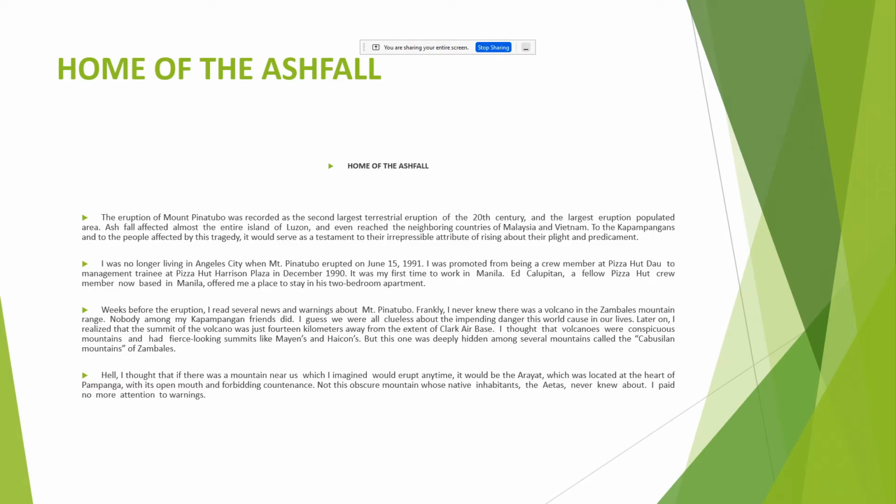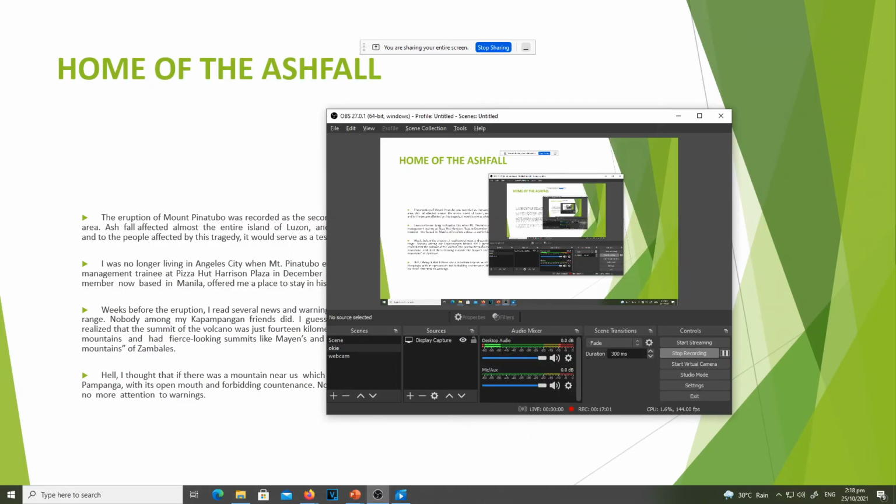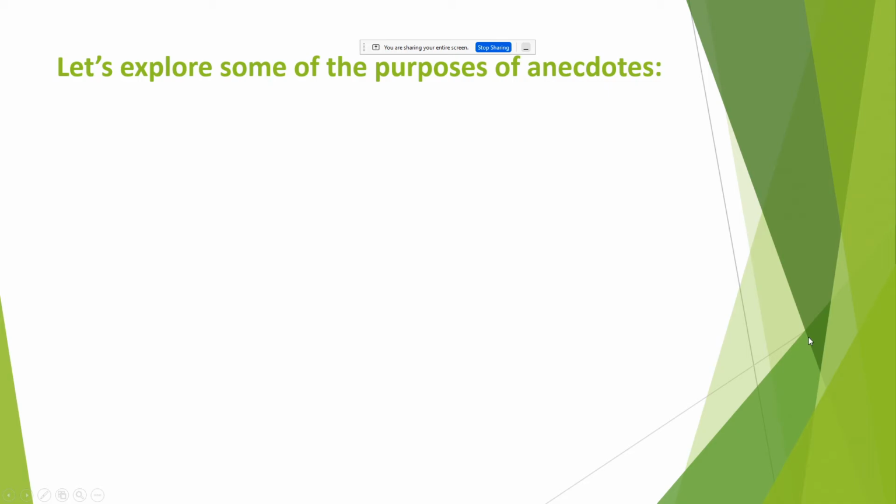Ang Mount Pinatubo daw erupted on June 15, 1991 in Angeles City. Yun lang. Yun na lang. Pa-edit ha.